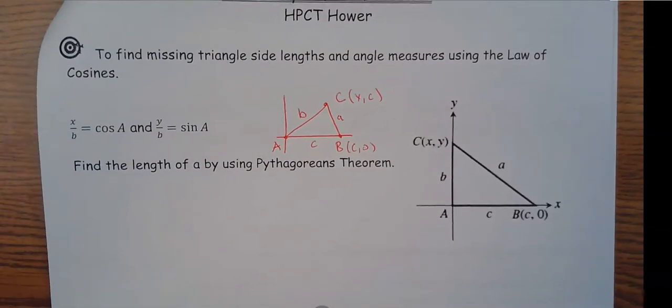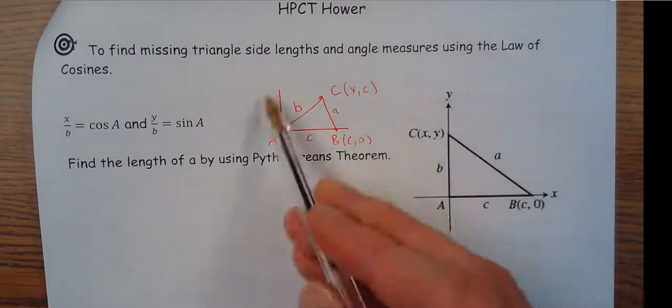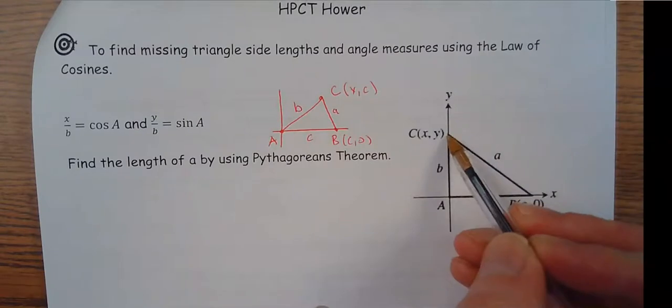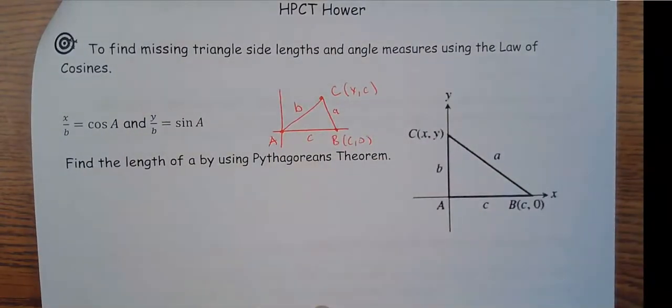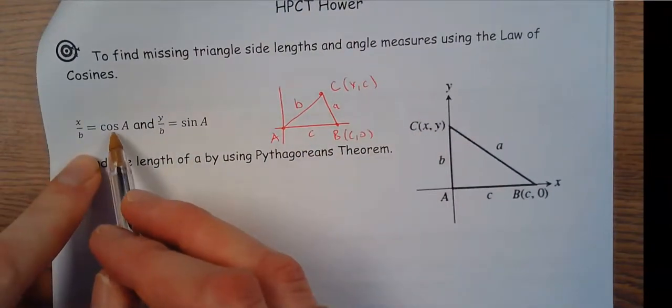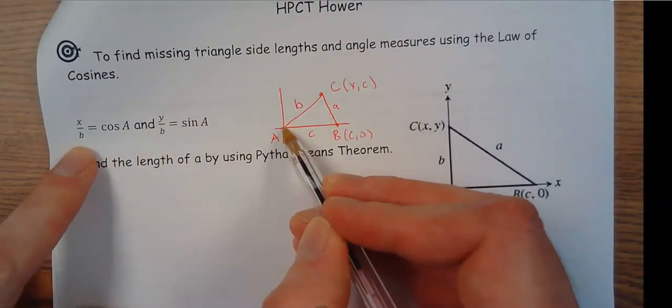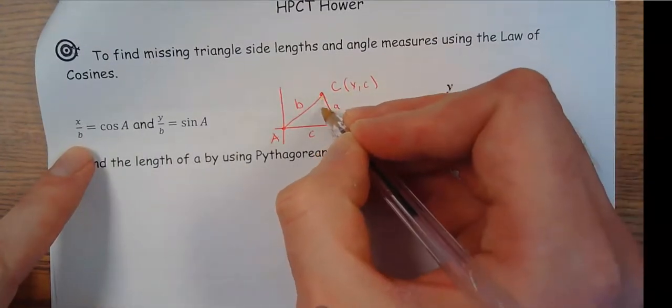First off, to make it simpler, I think this picture is not great. I wish I wouldn't have chosen that. I'm going to draw it like this. All I did is take point C and move it out of the way. Looking at this, cosine of A would be x over b, where x is this distance.